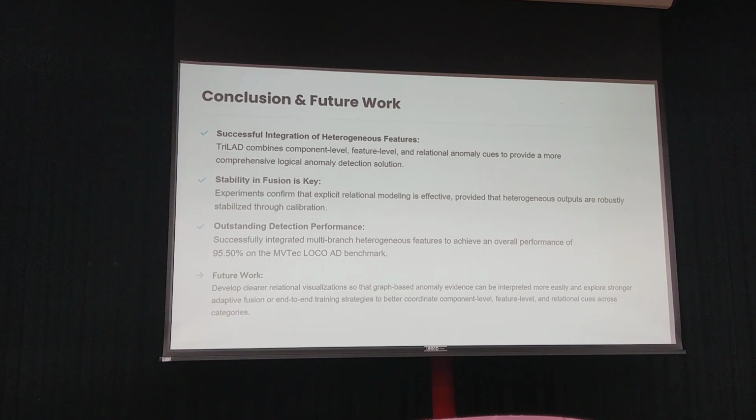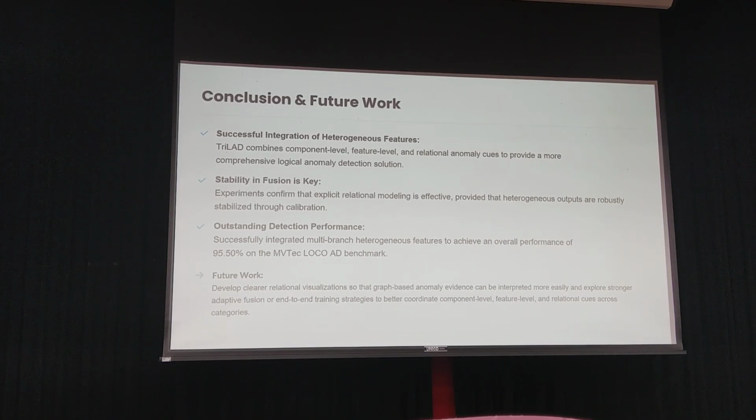So to summarize, we propose a three-branch framework for logical anomaly detection. The key idea is to combine component-level, feature-level, and relational information while also making the fusion process more stable in a deployment-oriented setting. The method achieves a total average AUROC of 95.1.